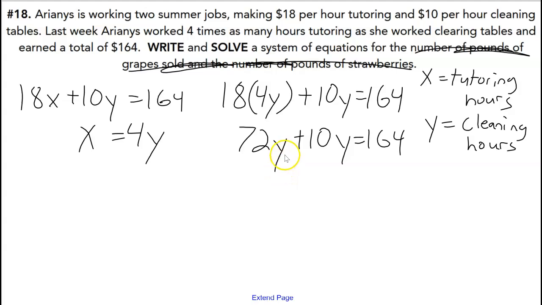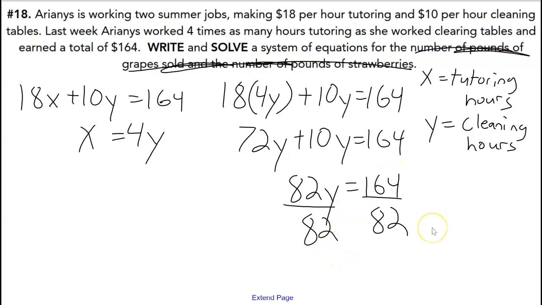Now I got 72y plus 10y is equal to 164. And I combine like terms, 72 and 10. Add that, you get 82y. Bring down 164. Divide by 82. And y is equal to 2.